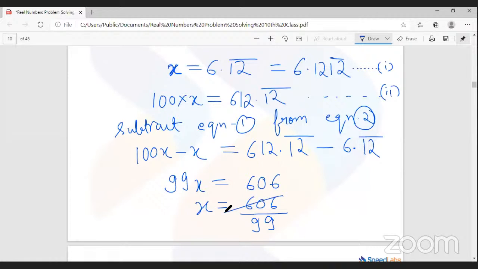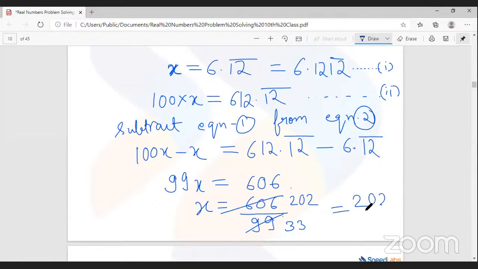Ma'am, if we don't reduce this, is that fine? If we write the prime factors of 99, is that fine? No, you have to reduce it first and then write the prime factorization. Okay, ma'am. 606 is 3 into 202 and 99 is 3 into 33.